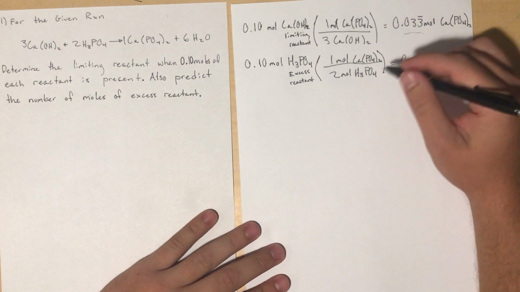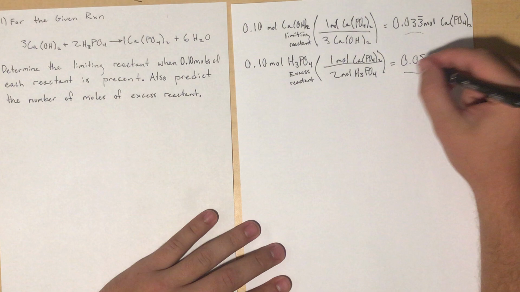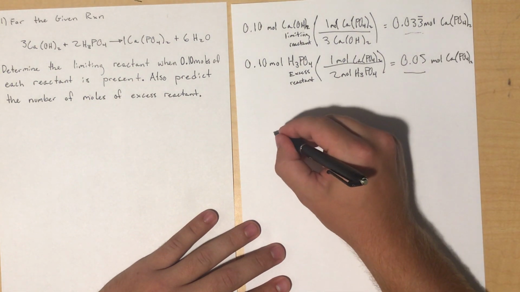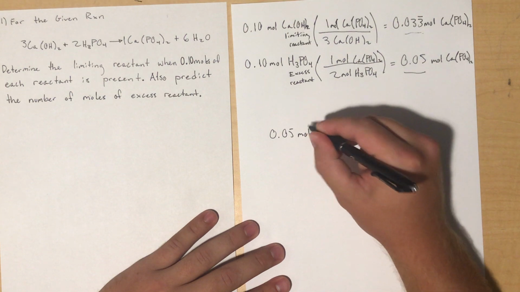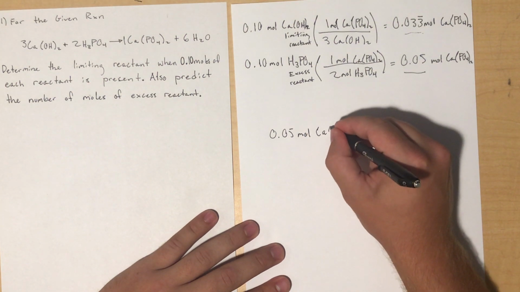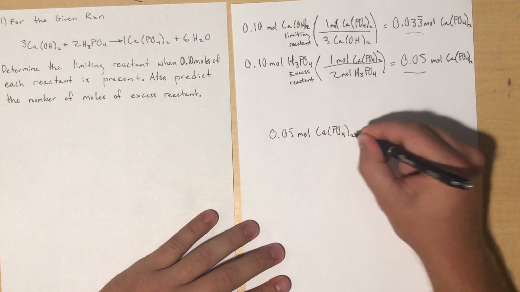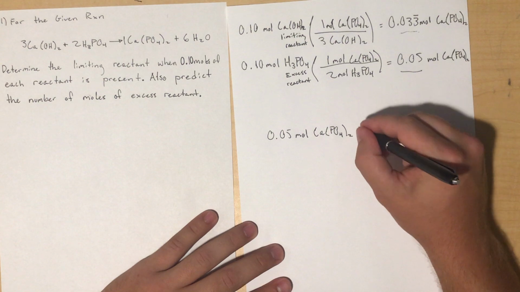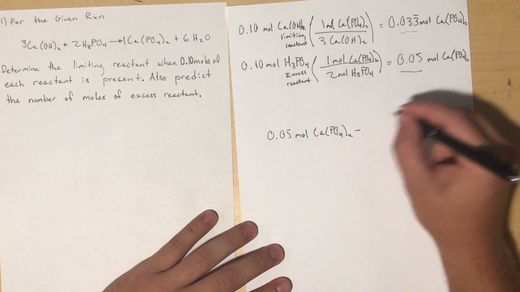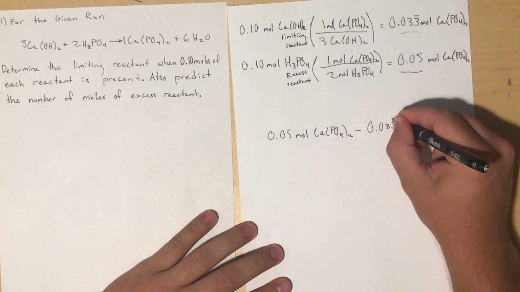So there will be an excess in our excess reactant. To determine the moles of excess reactant, we take this theoretical yield here, which isn't possible to produce in this reaction, this number of moles, and we subtract the actual number of moles that we will actually get out of the product from this theoretical value.